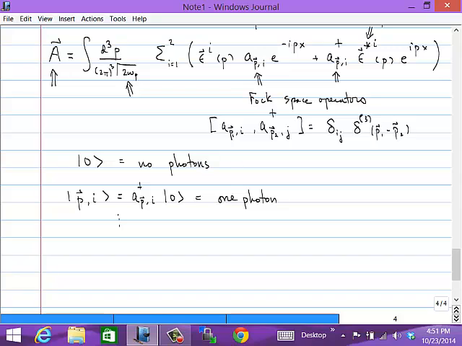Question? That's correct. Another way of saying that is there are two possible helicities for the photon. There's two possible polarizations for the photon. So spin 1 refers to the number of... Okay.